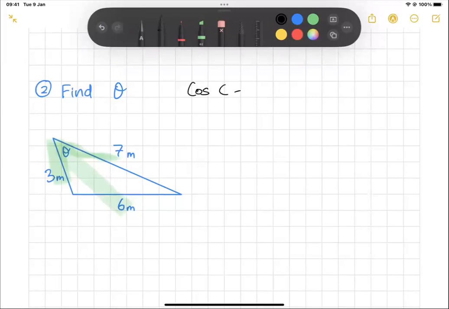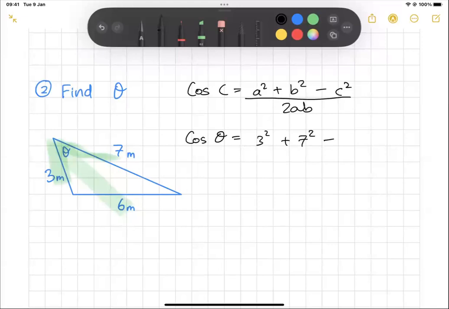Cos C equals a squared plus b squared minus c squared, all over 2ab. Let's substitute. Cos theta equals 3 squared plus 7 squared, minus our corresponding side to theta, which is 6, so 6 squared, all over 2 times 3 times 7. That's my a and b. Now, how do I get to theta?